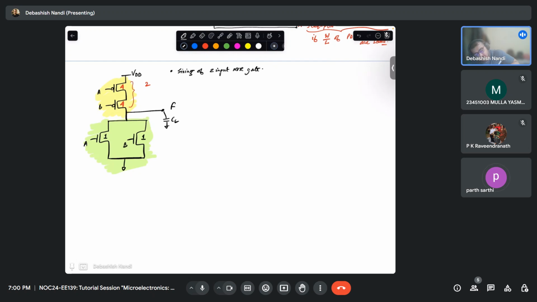If it is clear to you, then if we go back to the question that three input NAND gate, okay, and it is given that mu n is 3 times of mu p. So let me just draw the gate first.